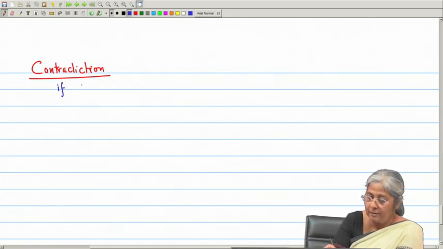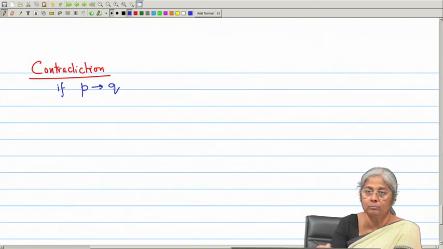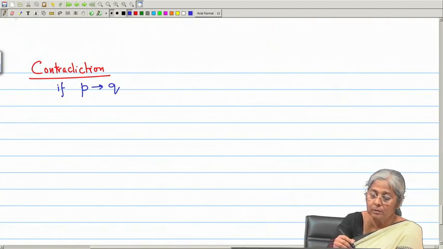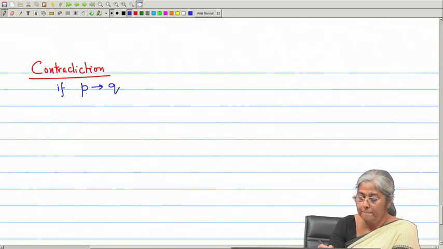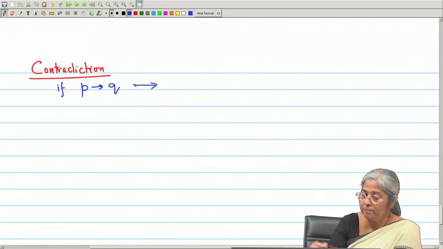If P then Q, that means P implies Q, this is my proposition.